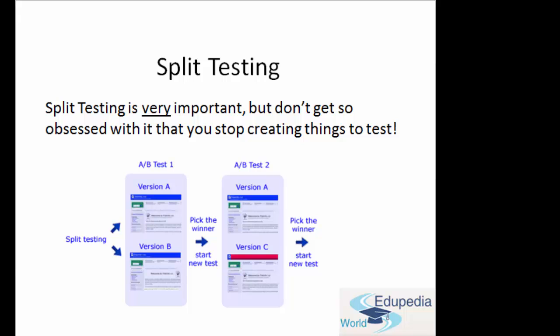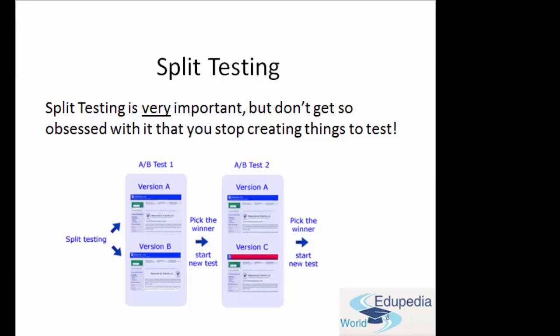All right. So on the left-hand side, what you see is version A and version B, and of course they will be different. Then when you get a winner, one that is proving to be more popular, you then get yet another ad and you match that with the one that's popular. So in effect, the popular one becomes the control. All right. So just going a bit deeper now.